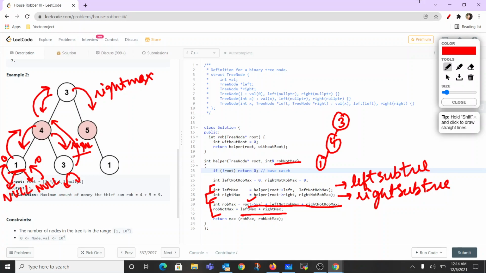So this left not drop max would be having the value of this one, means whatsoever value rob not max of this particular node would be having, it will be returned to 4 as left not rob max.